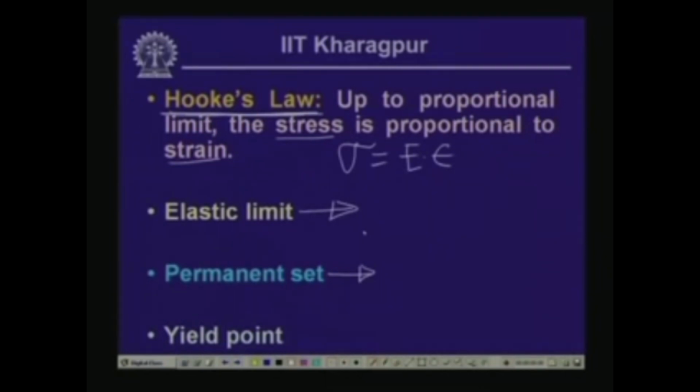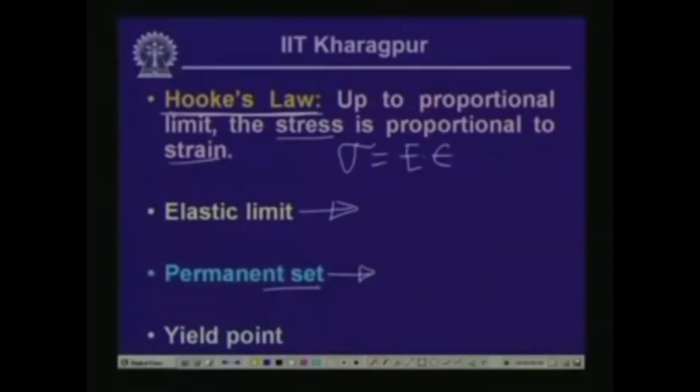The permanent set, as I have defined, is that as the member yields, it reaches the yield stress, and then plasticity forms in the section. If we release the load, as we have seen in the case of an elastic material, when the bar is still within its elastic limit, the bar comes back to its original position.